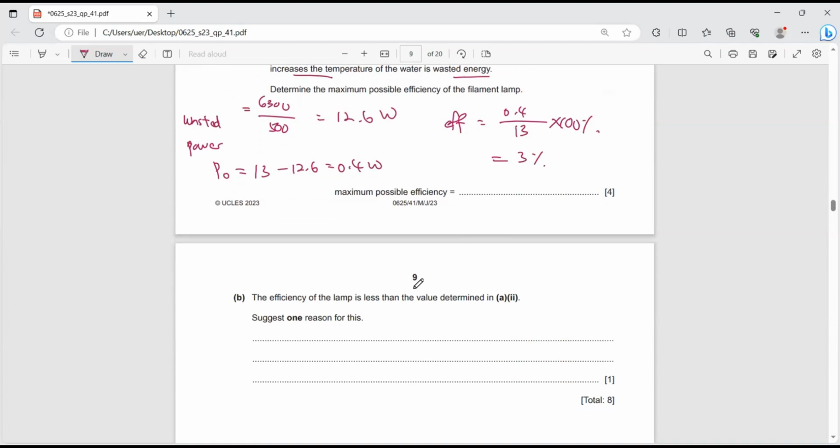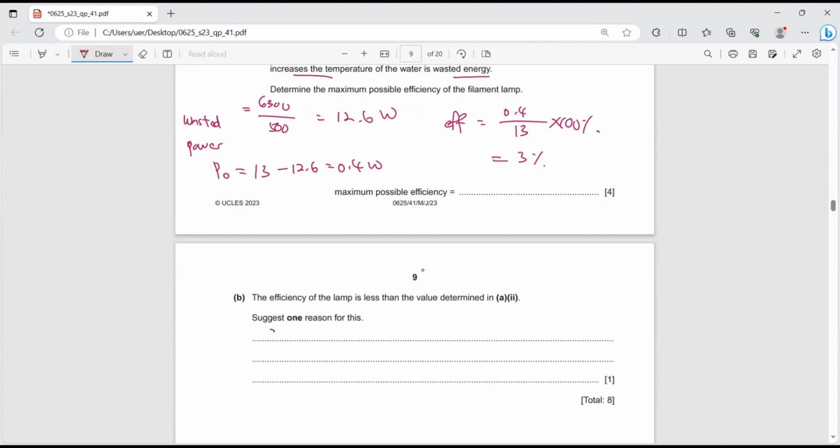Okay, efficiency of the lamp is less than the value determined in A2. So remember, because in real life, there's always energy loss. So this one you can say some energy is lost from the water.